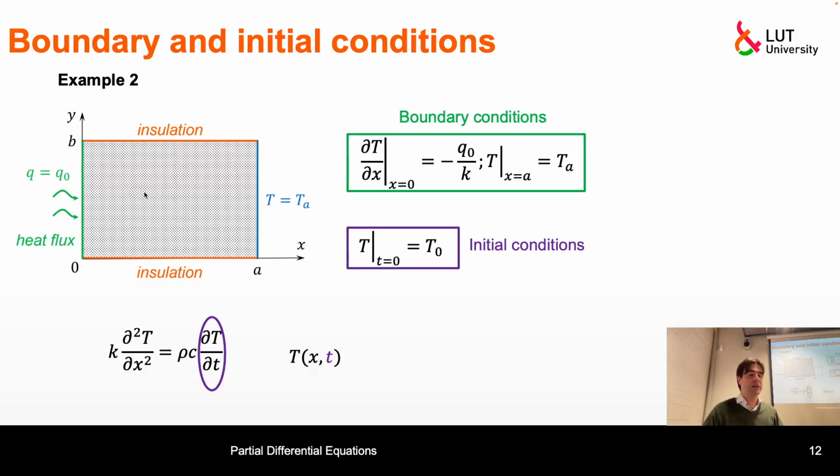It only depends on x, but it's obvious from our statement, so no need to do that, and we can formulate a one-coordinate, one-dimensional problem. That's why we have fewer boundary conditions, but they are at two ends. Please notice that, and we have one initial condition at time equal to 0, which allows us to deal with this.